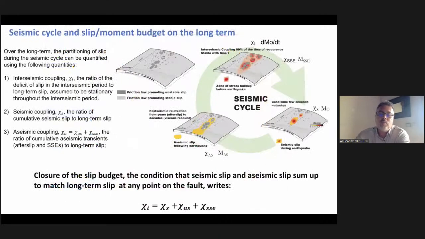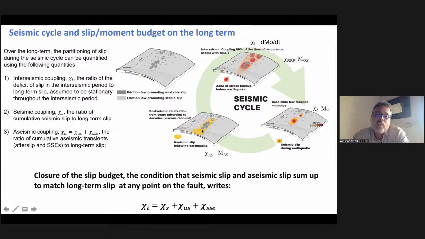For that, if we take a seismic cycle like the one that you see here, you can partition what occurs during the cycle between different terms. You have what we call the interseismic coupling, which is the ratio of slip deficit in the interseismic period to the long-term slip. You can determine similarly what we call the seismic coupling, by opposition to the interseismic coupling.